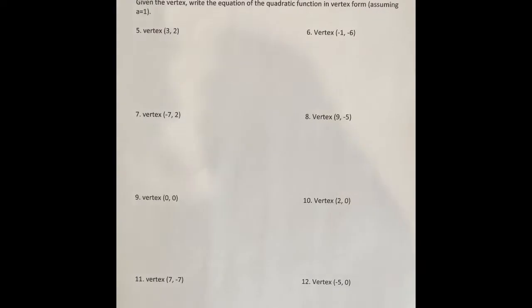Okay, so next, if I give you the vertex, are you able to write the equation of this quadratic function in vertex form, assuming that a equals 1 each time? So in order to do this, we're given our first vertex in question number 5 of 3, 2. So the first thing that we're going to do there is write out our vertex form of the formula.